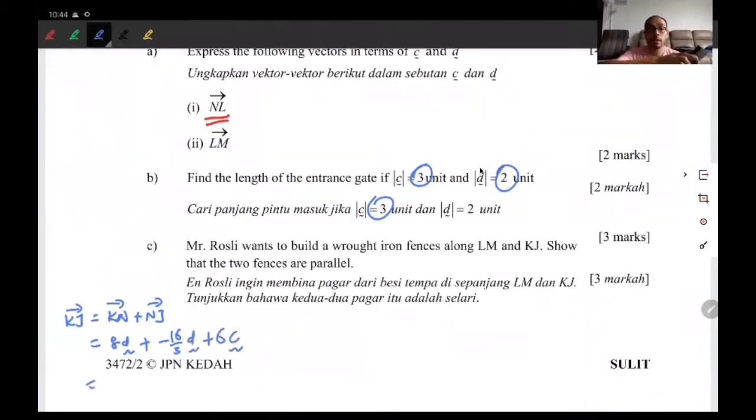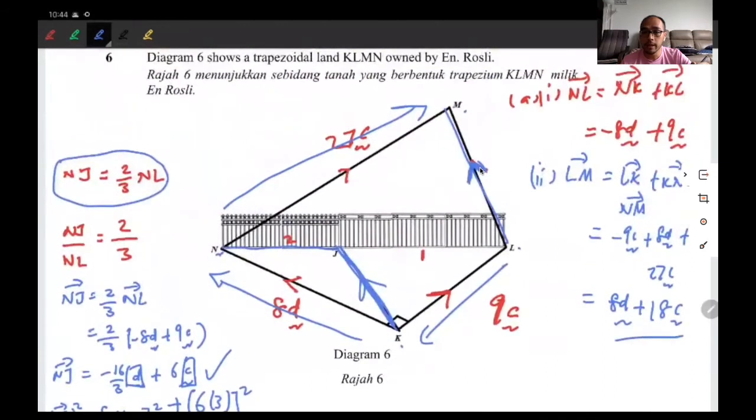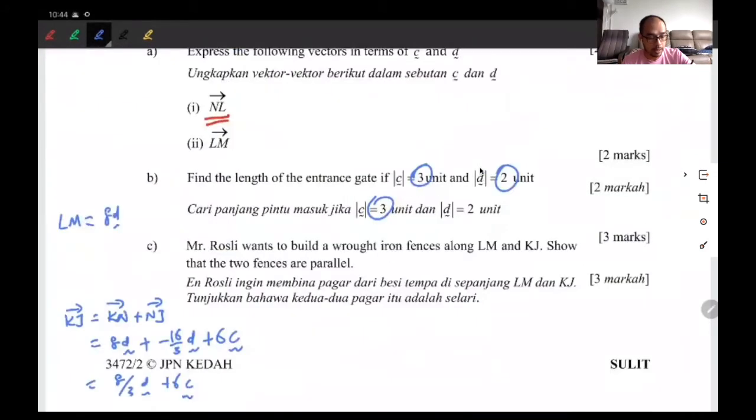So 8 minus 16 over 3 gives 8 over 3, so KJ is 8 over 3 D plus 6C. LM from earlier is 8D plus 18C. Now, if LM and KJ are parallel, then I can say that LM equals, using a random letter, P times KJ.